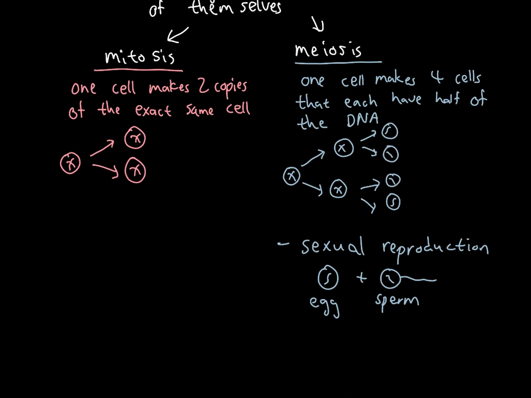And opposite of this, mitosis is asexual reproduction. And all asexual means is that the a means not, so it is not sexual. So asexual reproduction would be a cell making a copy of cells to either repair itself.